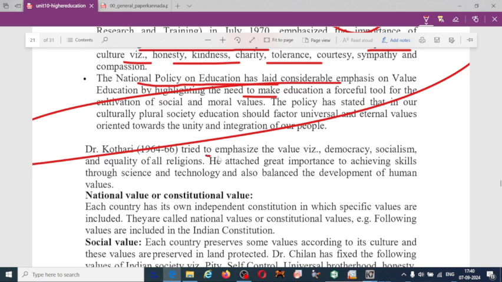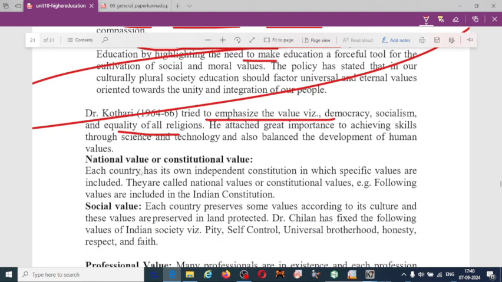Dr. Kothari tried to emphasize values, that is democracy, socialism, equality for all religions, national values or constitutional values.